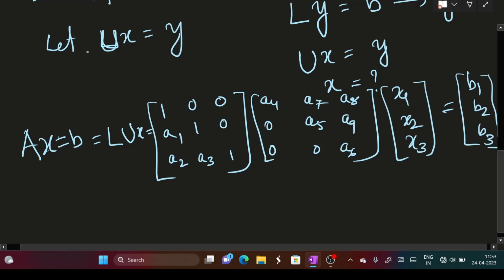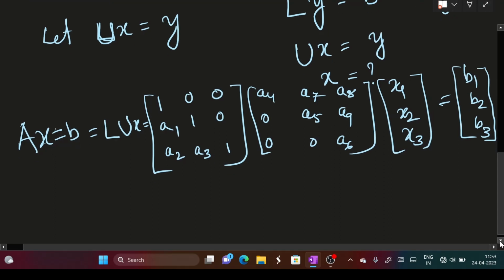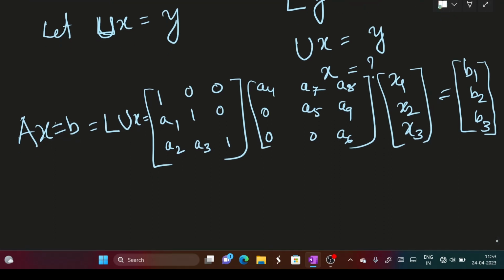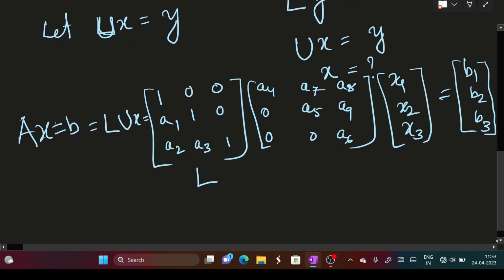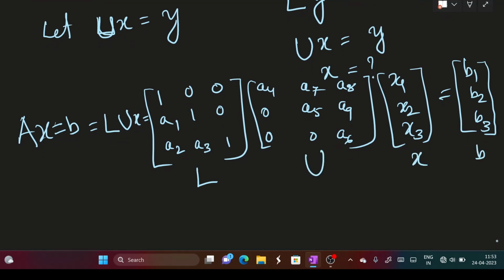This is my L matrix, this is my U matrix, this is my X vector, this is my B vector.